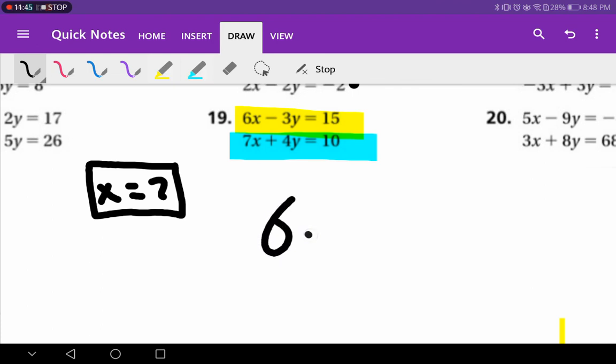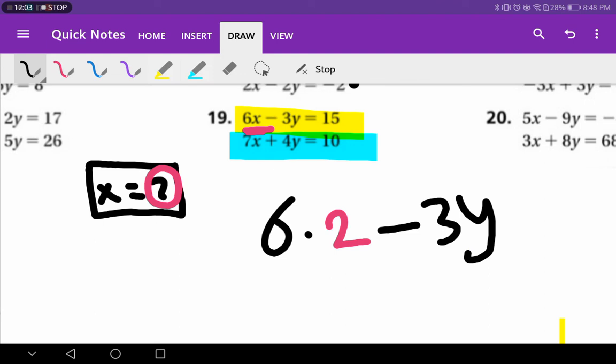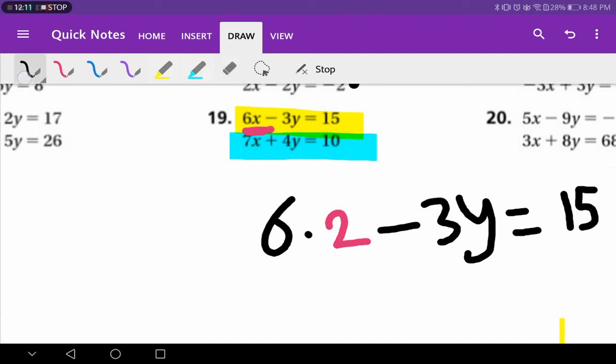6 multiplied by x. I replace the x by 2, by the way, negative 3y as it is, equals 15. I just remove the x and bring the 2. See what I did in slow motion, my boys.